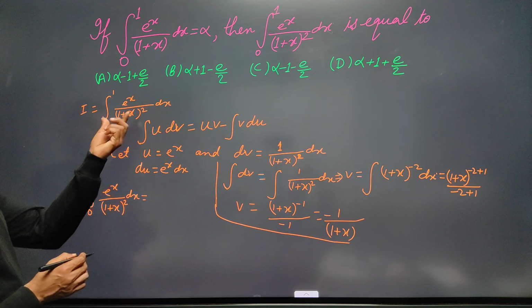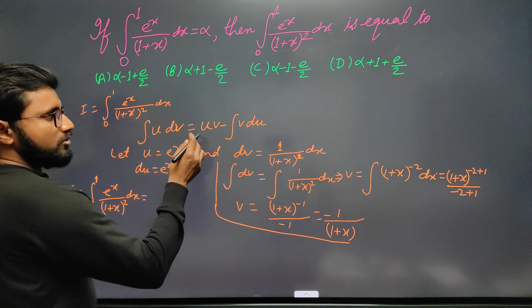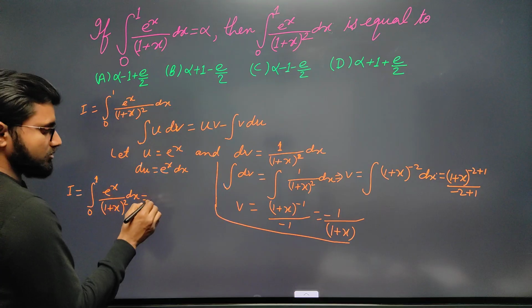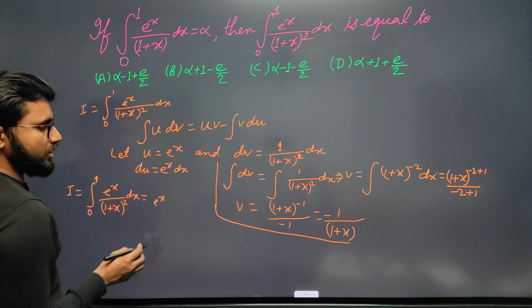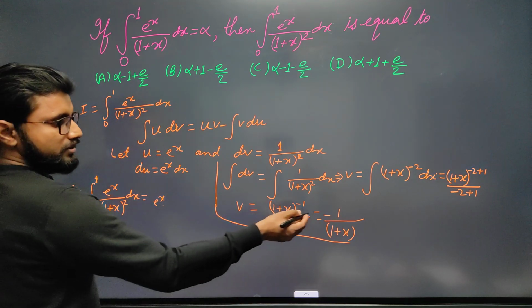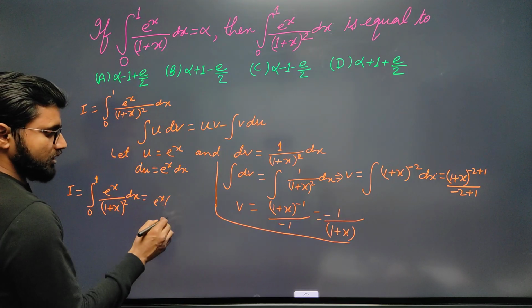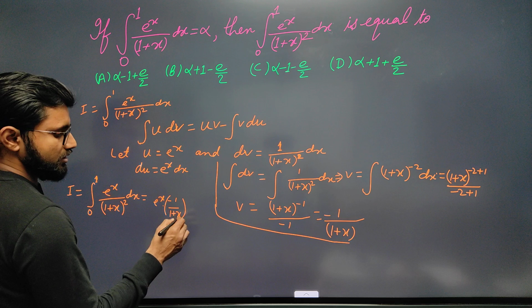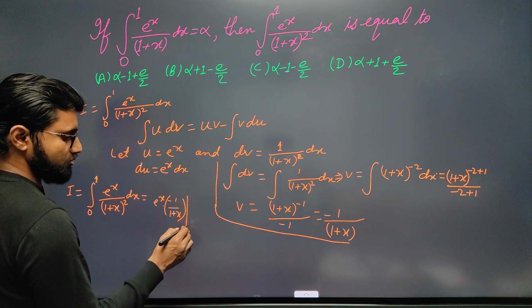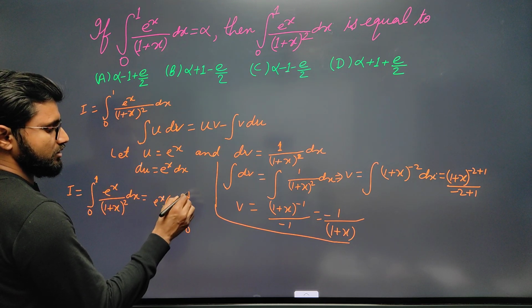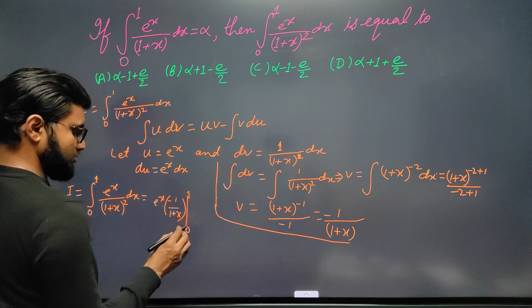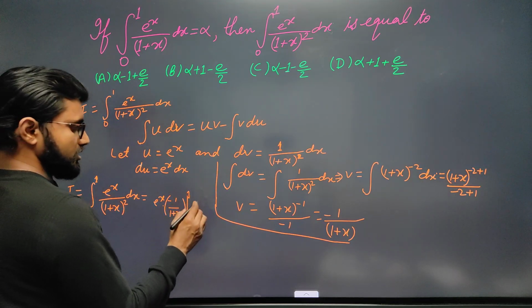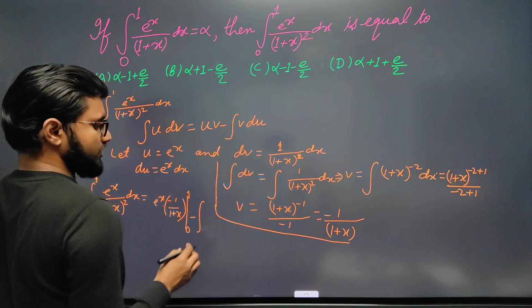It is nothing but our question. So the integral of u dv equals u into v. So u is e to the power x, into v, which comes out to be minus 1 upon 1 plus x, limit 0 to 1, minus the integration of v into du.